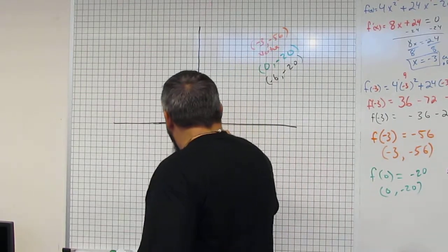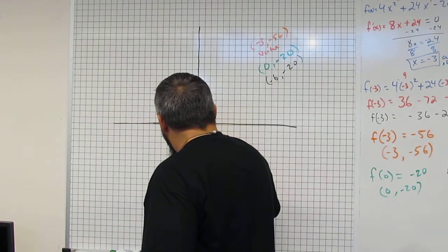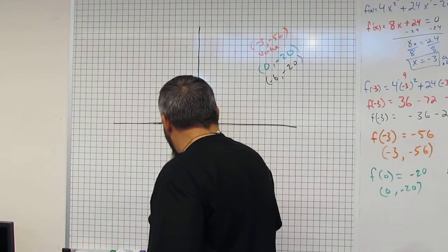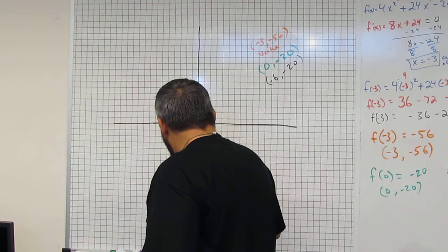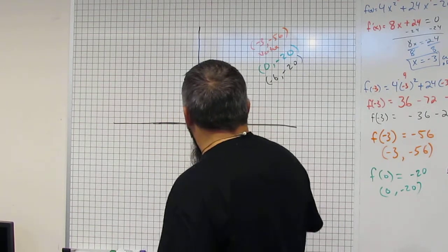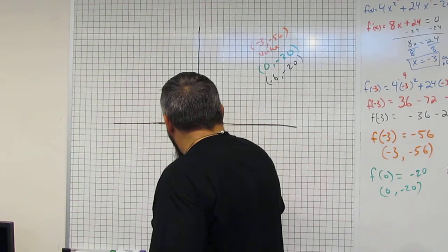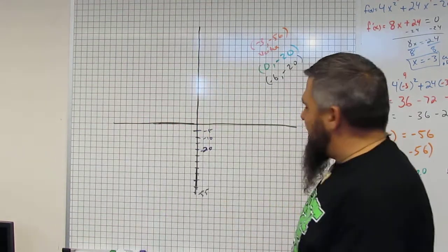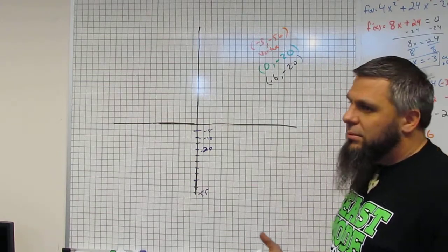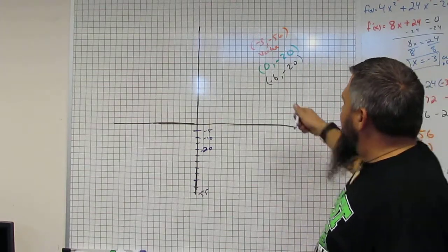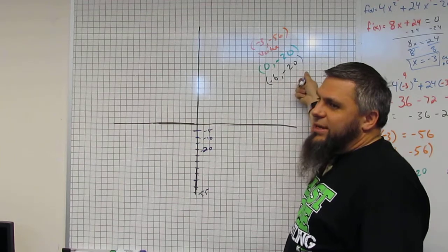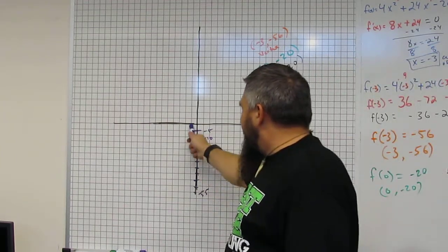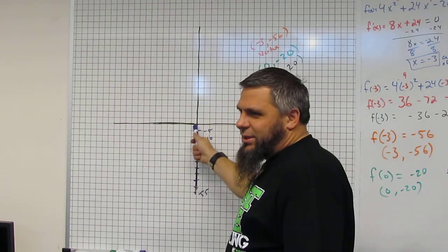Negative 5, negative 10, 15, 20, 25, 30, 35, 40, 45, 50, 55. So the numbers I want are 20 and 55. Those are the numbers that I care about. Now I need to worry about the x's. That's the y's, right? So the x's, do I want to have these in 5s and then I have everything squished into this?